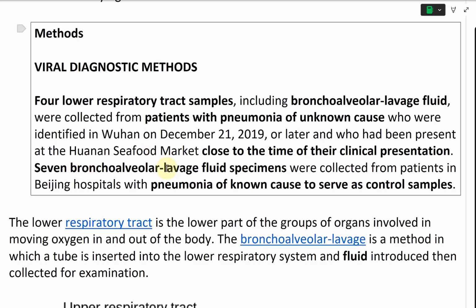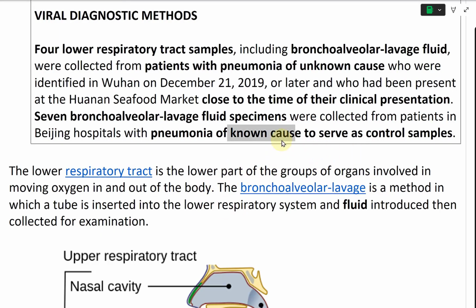And 7 bronchoalveolar-lavage fluid specimens were collected from patients in Beijing hospitals with pneumonia of known cause to serve as control samples. Again, this paper doesn't actually go through much more information on these supposedly controlled samples.